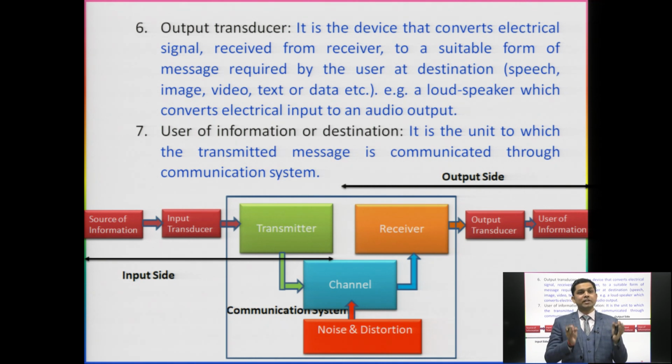The output transducer will convert the electrical signal received from the receiver to a suitable form of message required by the user at the destination. An example can be a loudspeaker, which converts the electrical signal into audio output.